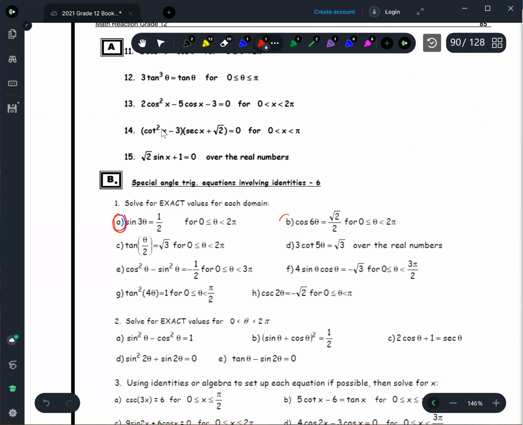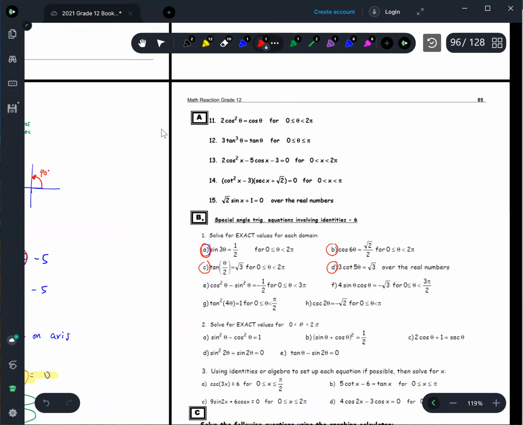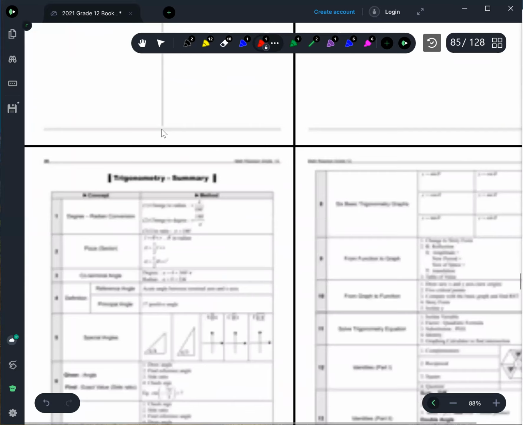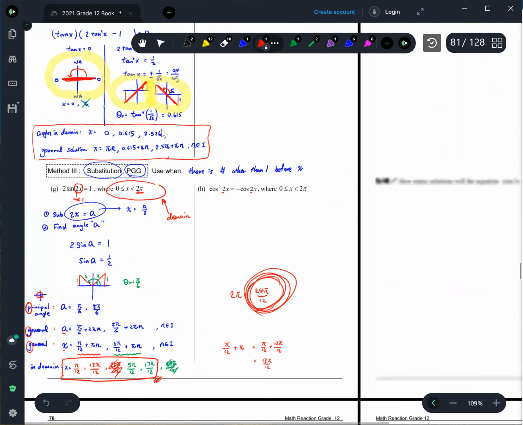Okay, cosine 6 theta. I think I'll be picking those four for your homework as well. Okay, so if you still have question about the method 3, you can stay after class or anything else.